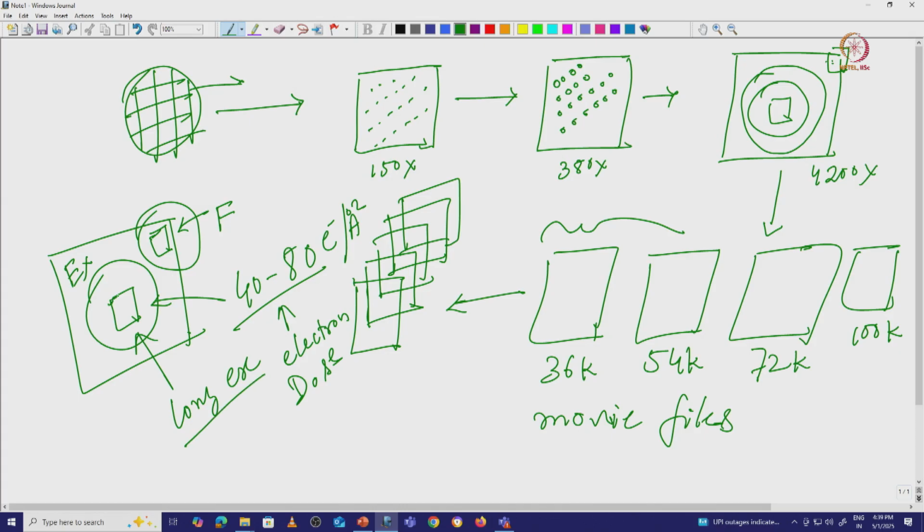What will happen here, because here you have an amorphous ice, and if you are keeping your electron beam for longer time, it will damage the ice, it will damage the sample also, and there will be a thermal drift, or because of this beam exposure there will be a drift.